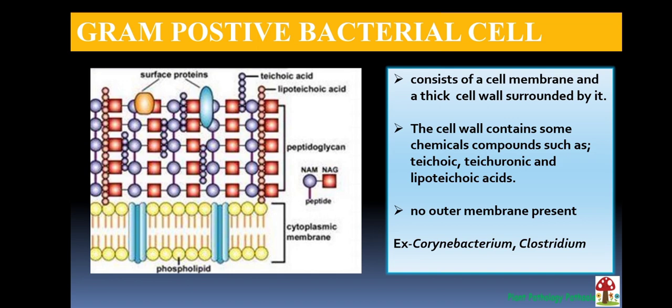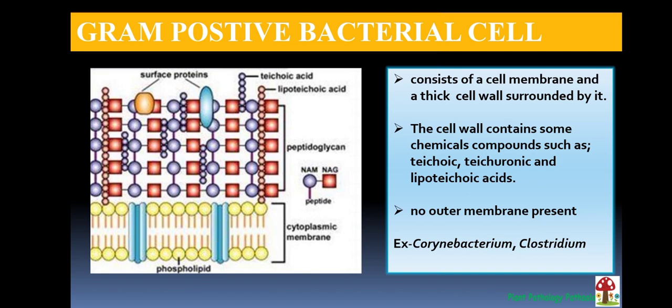The next point is that the cell wall of gram positive bacteria contains some special compounds such as teichoic acid, lipoteichoic acid and teichuronic acid. These acids are very helpful in the transport of different molecules across the cell membrane and also in the arrangement of the peptidoglycan layer in the cell wall.